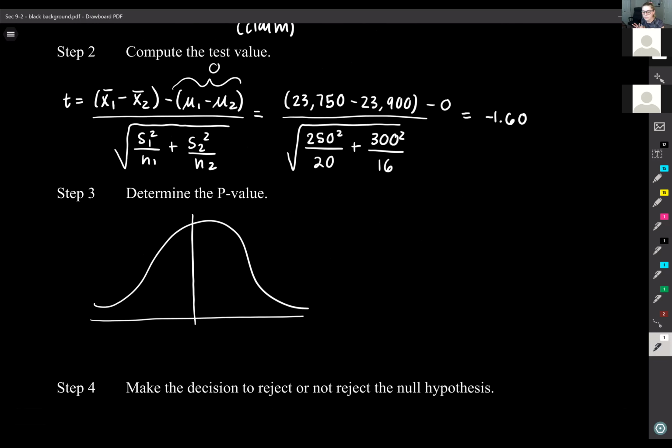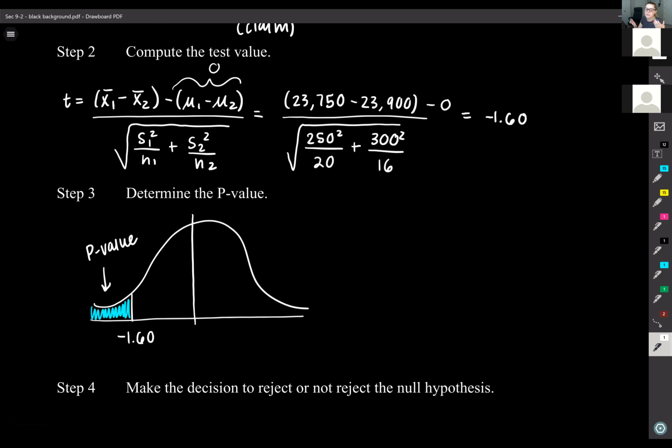So if I have my negative 1.60 here, I want this area. In order to do that, we have to go to our handy dandy chart.